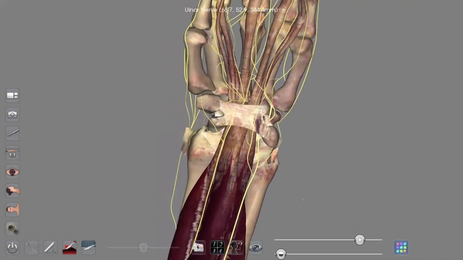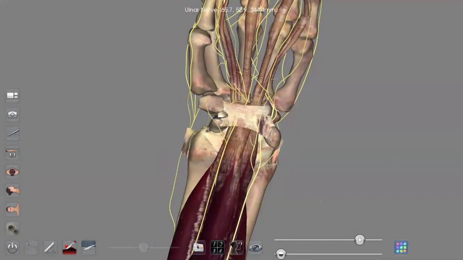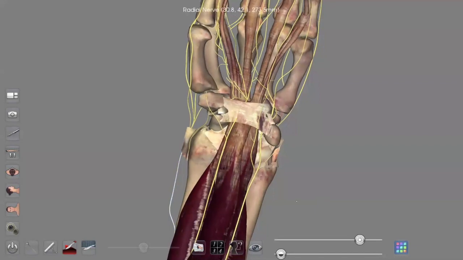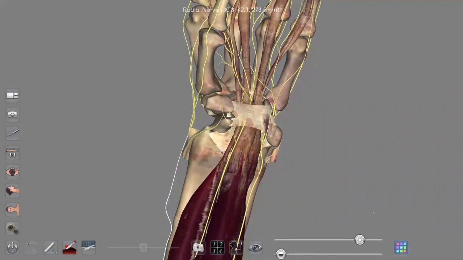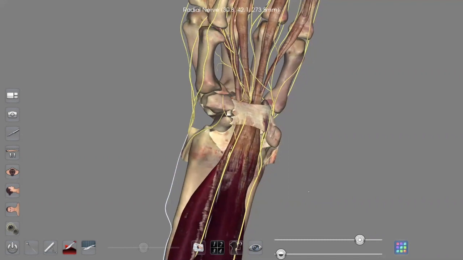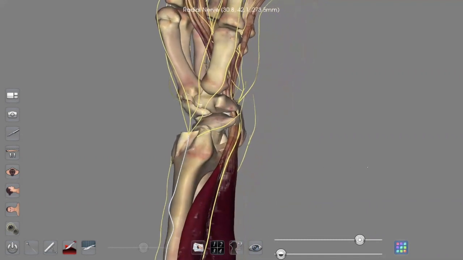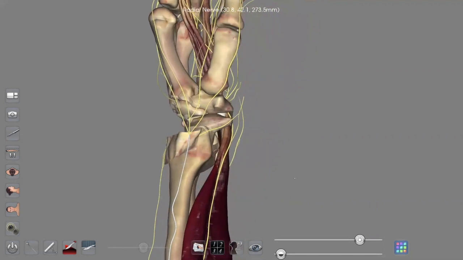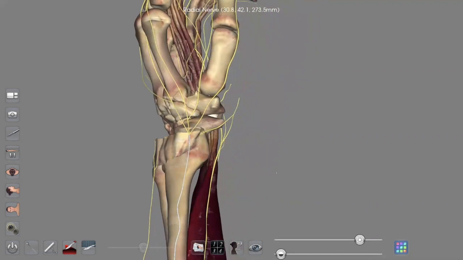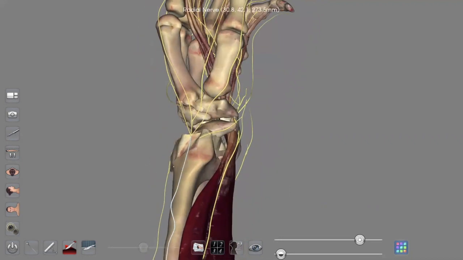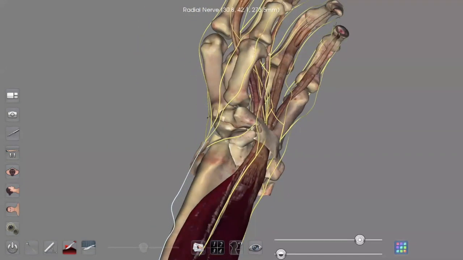Looking on the lateral aspects of the forearm, wrist, and hand, the radial nerve, seen here. This will innervate our wrist and finger extensors and supply distribution to primarily the dorsal aspects of the hand.